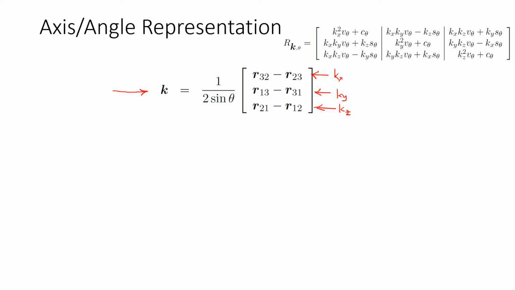So let's try to find out whether I can recreate kx using this expression that I've shown you just now. So kx in that case is going to be equal to 1 over 2 sine of theta, and then you have r32 minus r23.